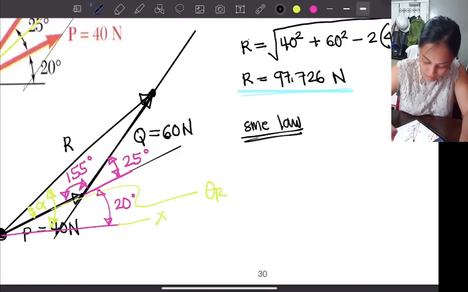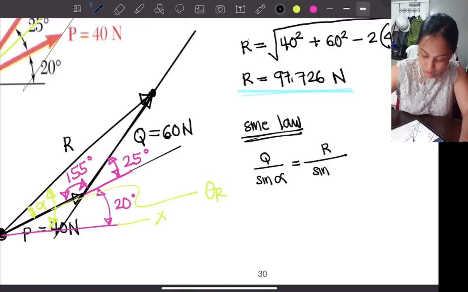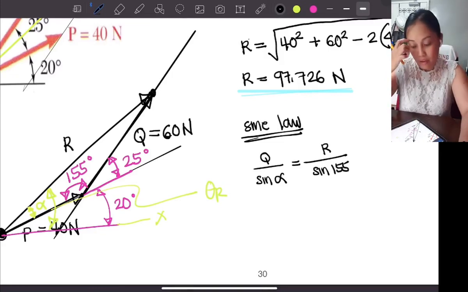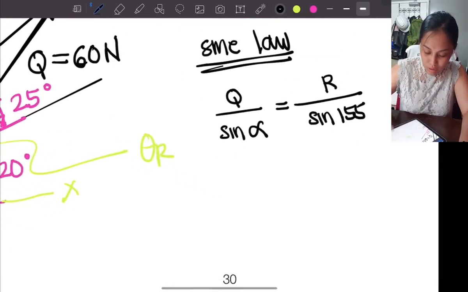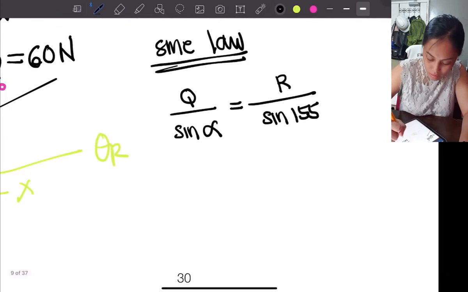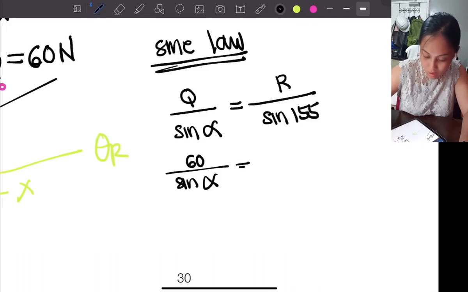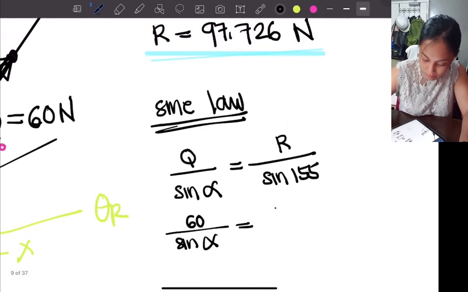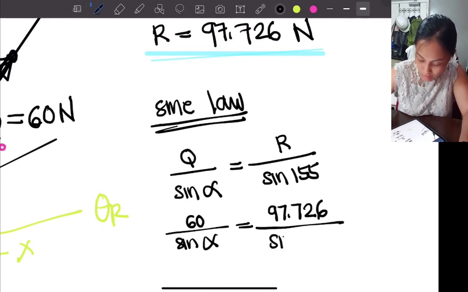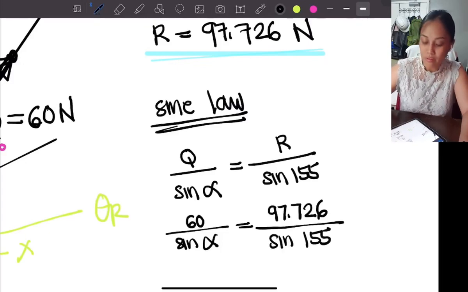Q over sine alpha equals R over the sine of its opposite angle, 155 degrees. We know that Q is 60, R is 97.726, so 60 over sine alpha equals 97.726 over sine of 155.